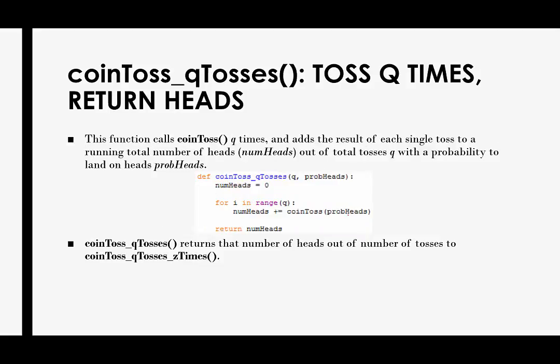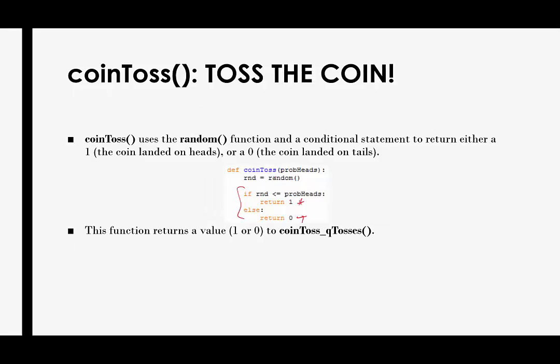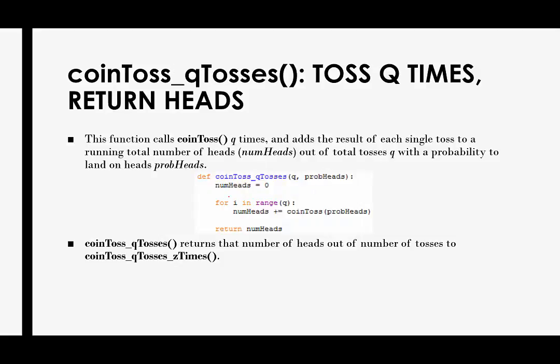So coin toss Q tosses flips Q times and returns the number of heads. This function calls coin toss Q times, as you can see here. That's why it's called coin toss Q tosses. And it then accumulates the result of coin toss, which is either 1 or 0, to the accumulator num heads, because it already knows what the total number of tosses is with Q, and so do the functions that are before it that call it in the hierarchy.